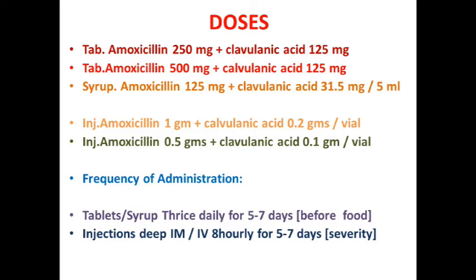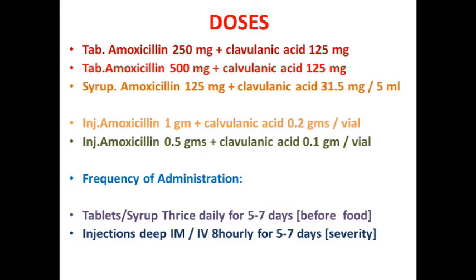Now actually speaking, with food or without food should not matter, but it is better to give it just before the food, so that absorption of the tablet and syrup is the most. Injection-wise there shouldn't be any problem, but then for the duration, you need to look at the severity of the infection and then think about how many days you want to give the injections.